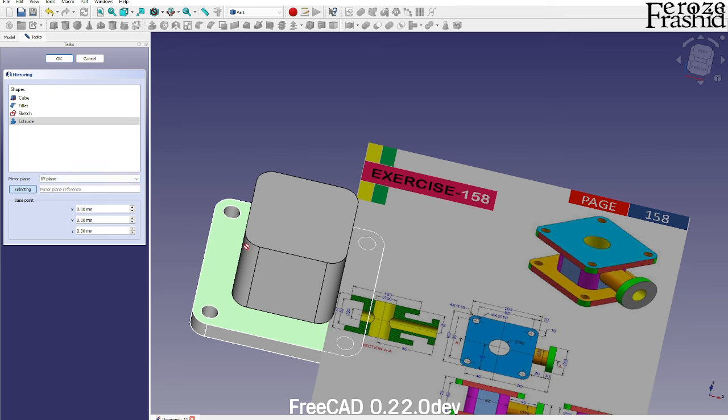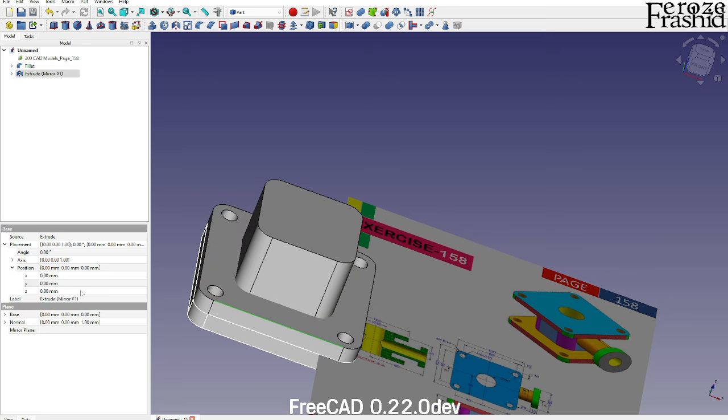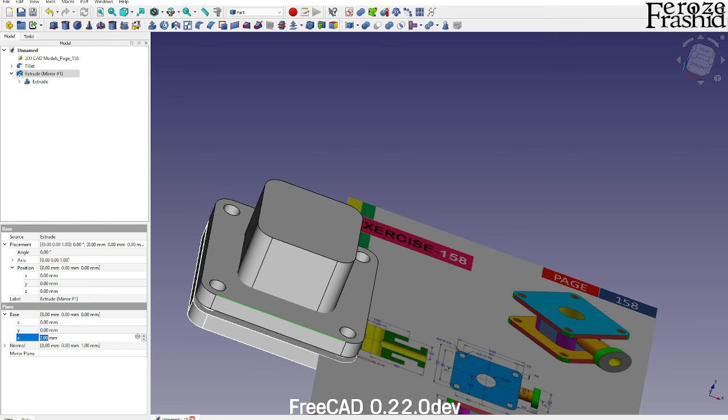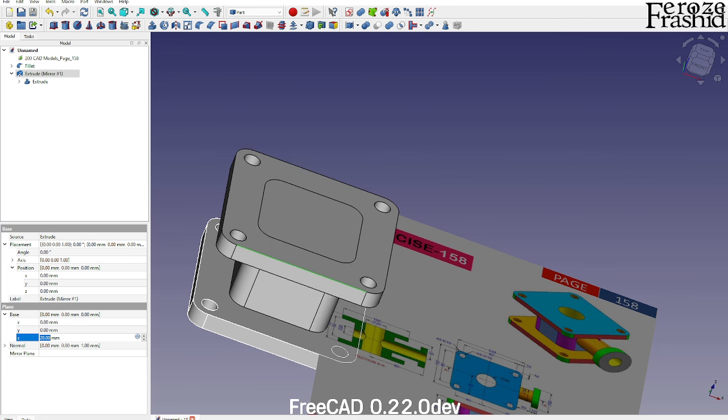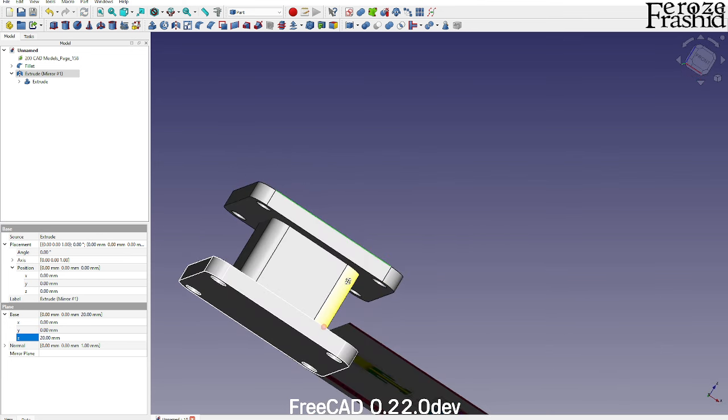Actually, that's going to be a problem. But still, let's go ahead and mirror it on XY plane. And then between these two, how about I update the Z? Okay.